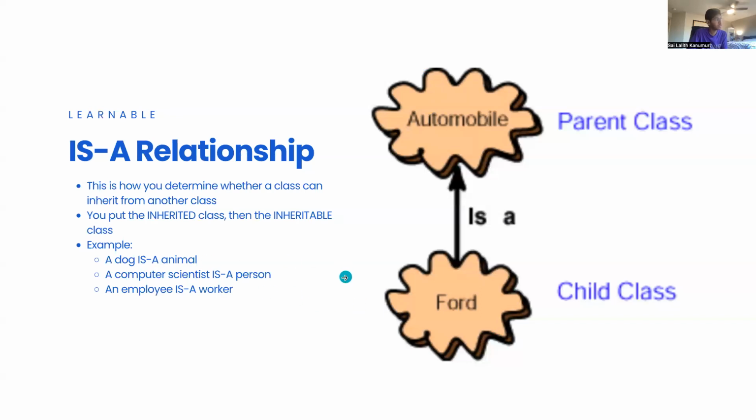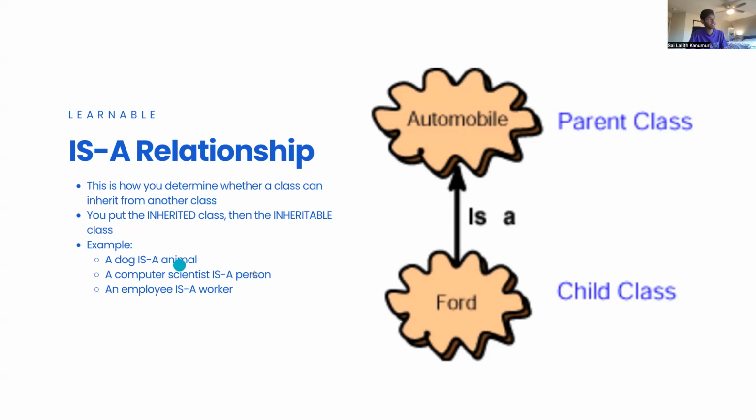And this also applies to other examples as well. Like a dog is an animal. An animal is not a dog, right? There are multiple animals that are not dogs. So a dog is an animal, a computer scientist is a person, and an employee is a worker. So in the is-a relationship, the class on the left is the child class, and the class on the right is the parent class.